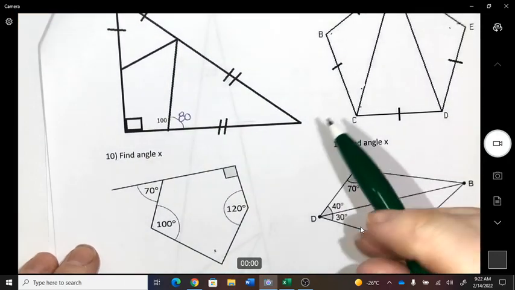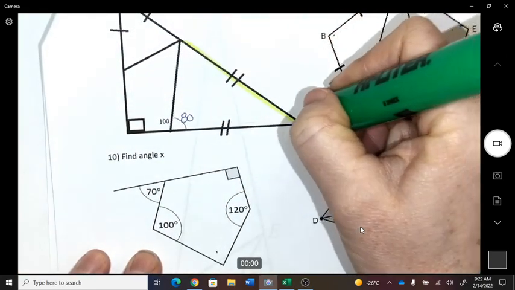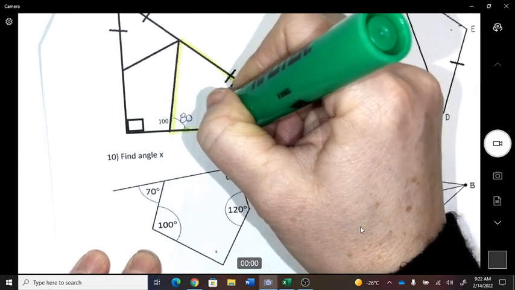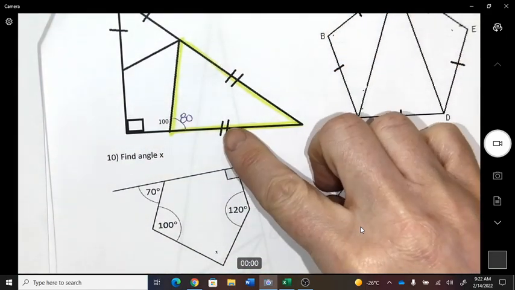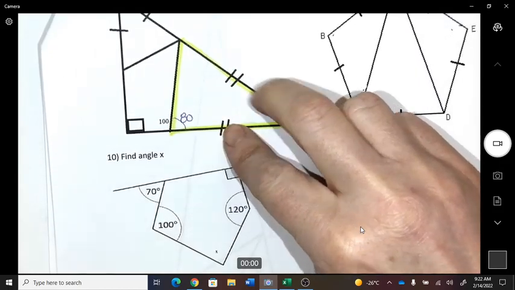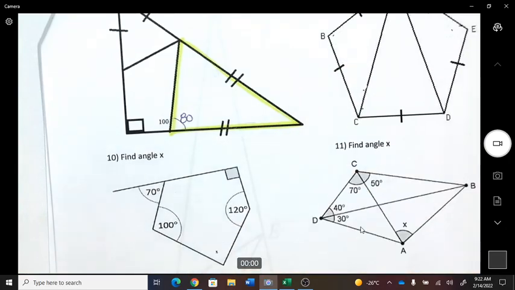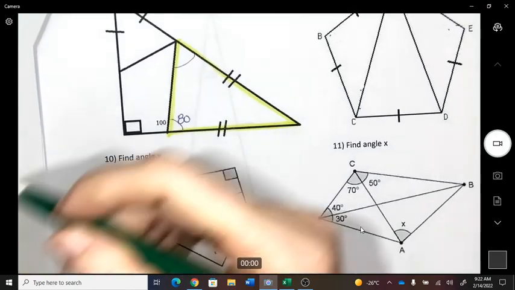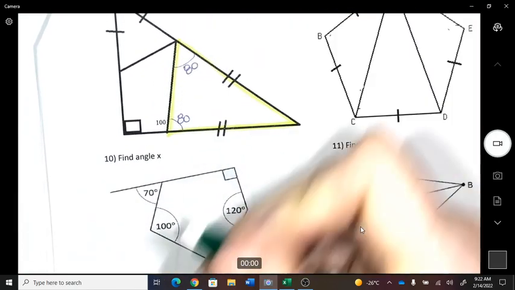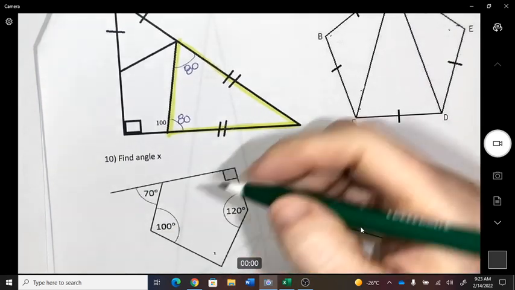What do I know about the properties of a triangle like that? What do these hash marks mean when there's 2 and 2? These sides are the same. So if those two sides are the same, then what? These angles are the same. So this is 80. Those two angles are the same.